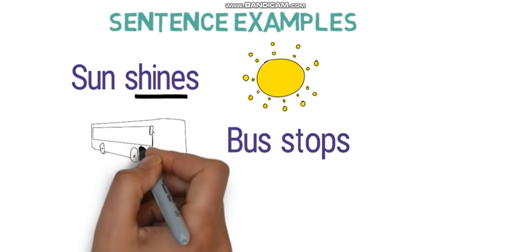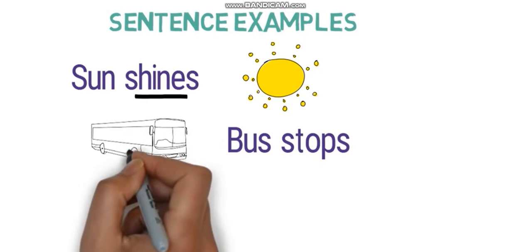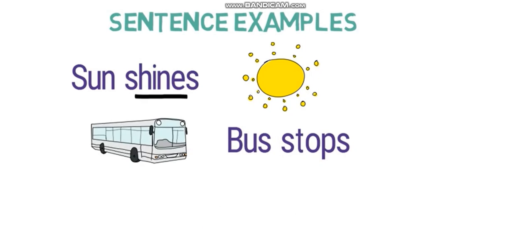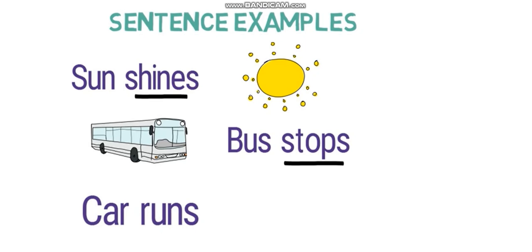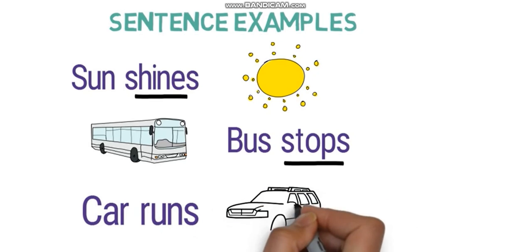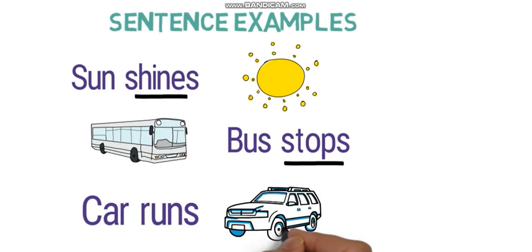Here, what is the action the bus performs? It is to stop. So, stops is a main verb here. Car runs. Here, what is the activity or action performed by the car? It is running. So, runs is a main verb here.